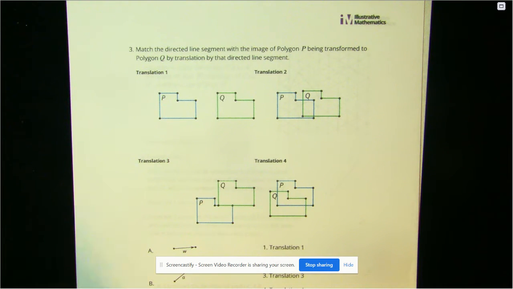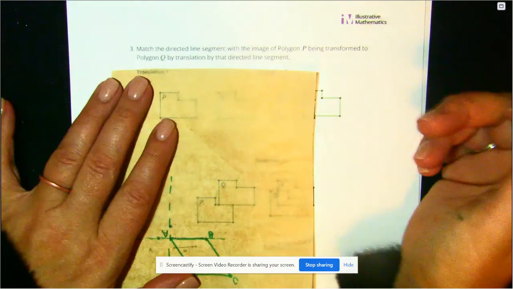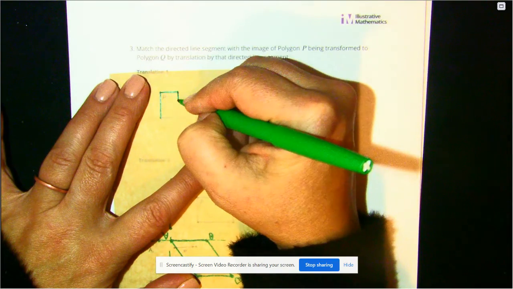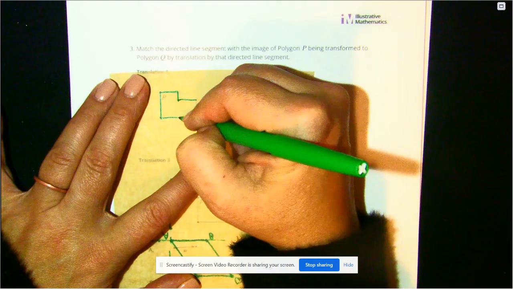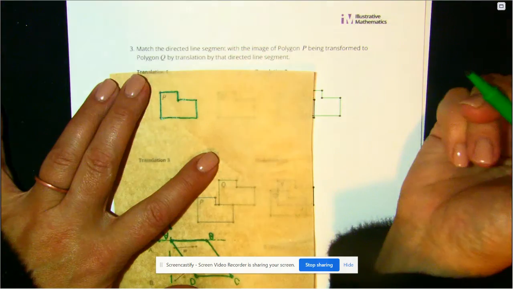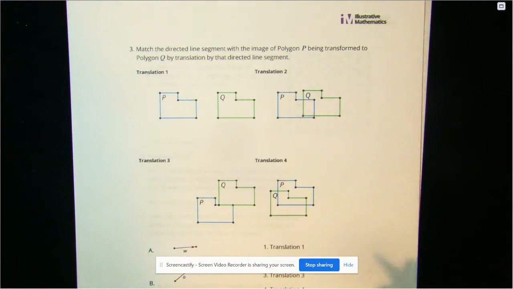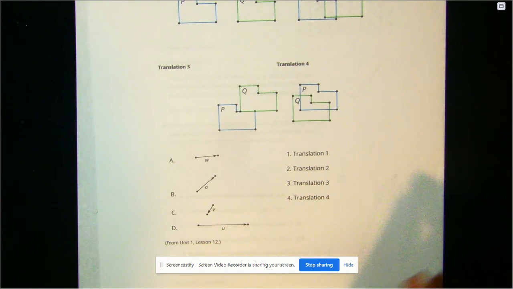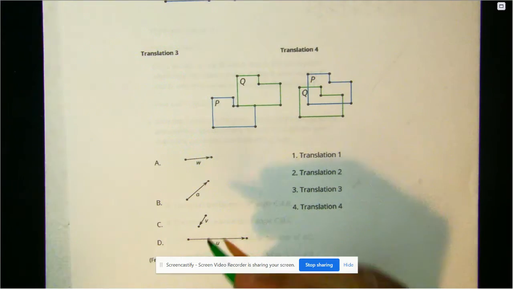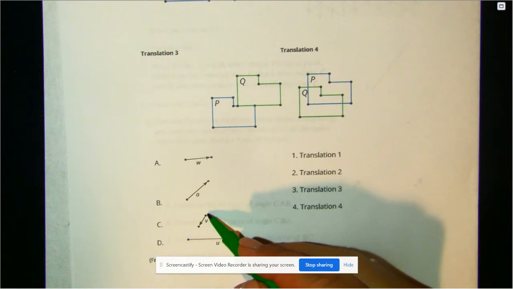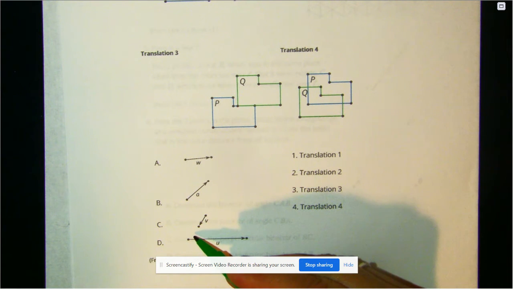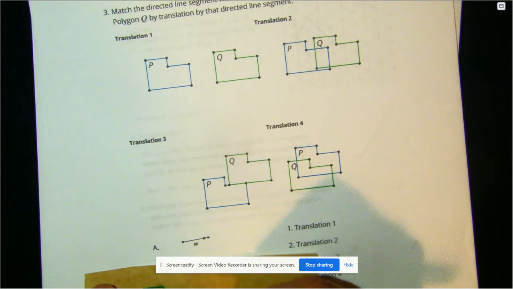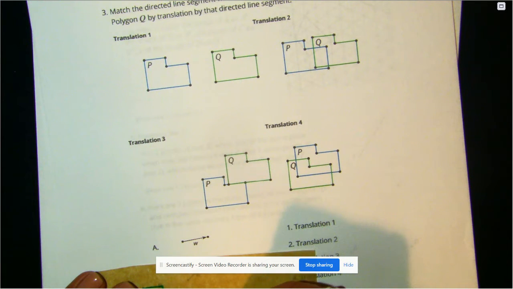So I'm just going to draw P and that's it. Just trace it once. And then, you can kind of tell, for example, this one right here. This is moving P and then it goes down to Q. Can you tell if I go like this and trace the directed line segment?